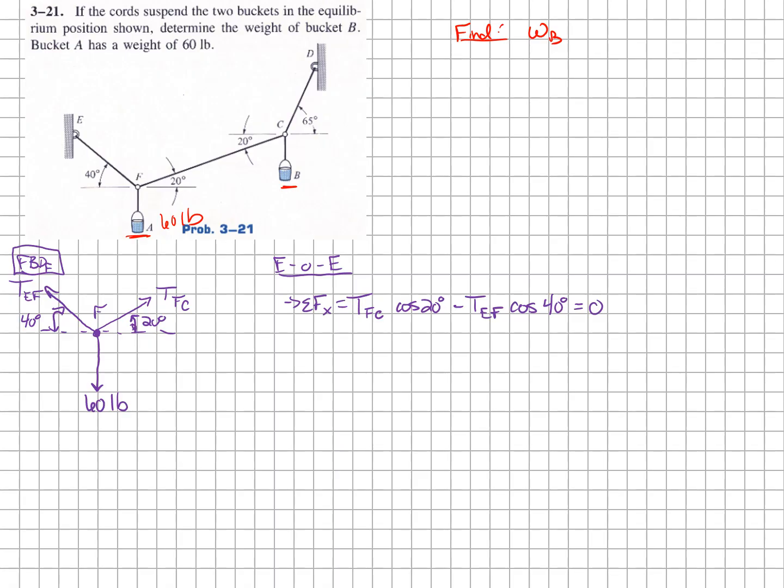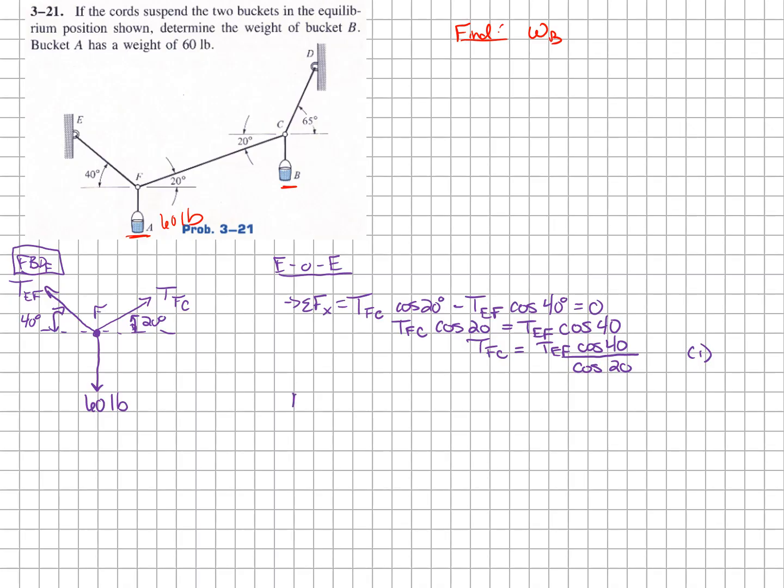I'm going to go ahead and solve for TFC to make it easy. So I have TFC cosine of 20 equals TEF cosine of 40. And then solving for TFC, I have TEF cosine of 40 over cosine of 20. I'm going to call that equation 1.